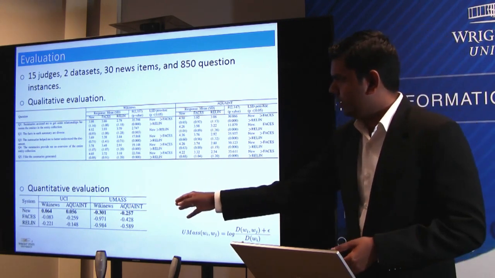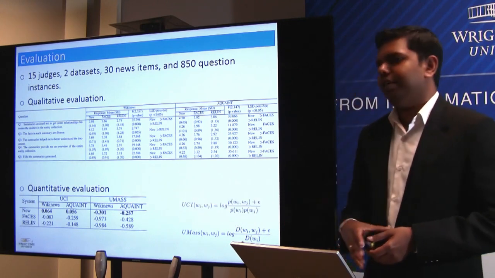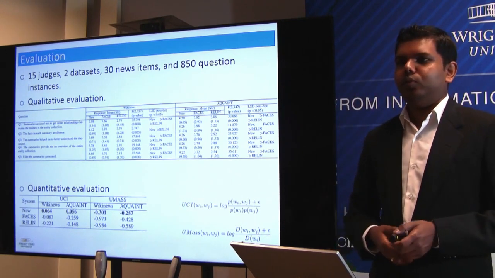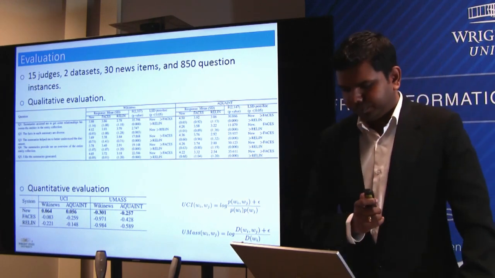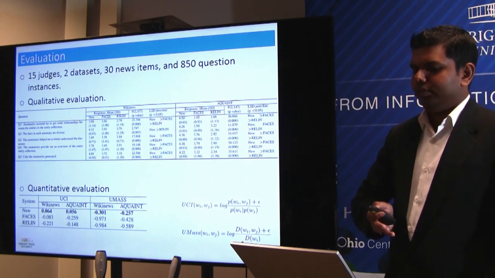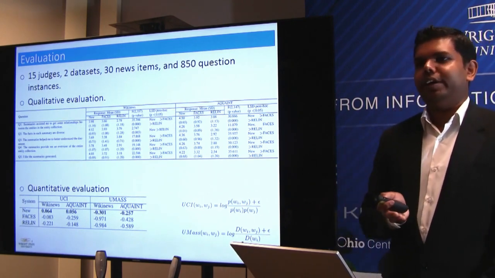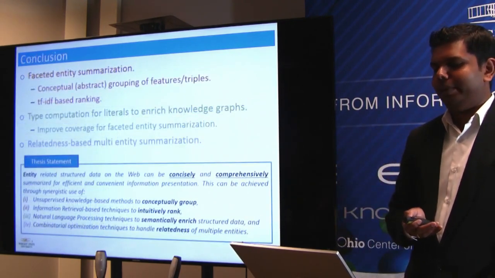So using that quantitative analysis, it says our approach selects more related things into the entity summaries. So that gives an overview of the final work that we did for multiple entities.